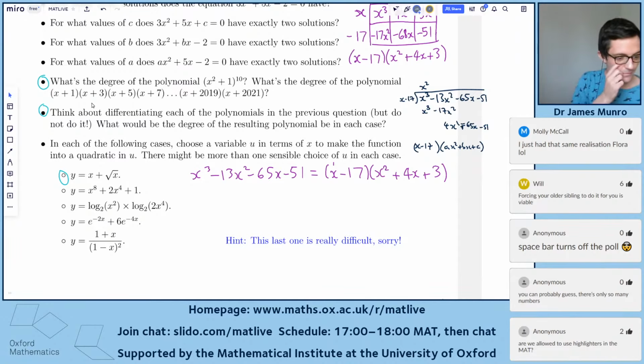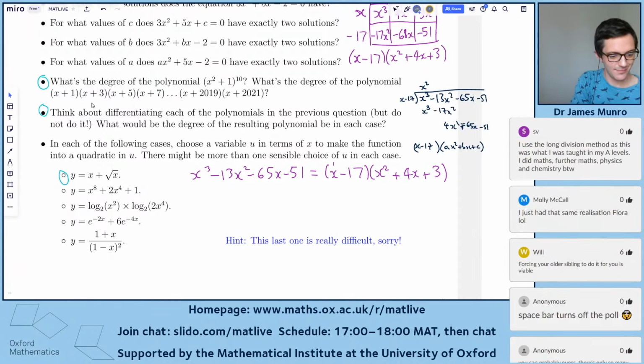So what's the degree of the polynomial (x squared plus 1) to the power of 10? You may be thinking, surely they don't expect me to expand that bracket, and if so, you'd be right. We do not expect you to expand that bracket. Here, you're going to think, well, if I multiplied, for example, (x squared plus 1) times (x squared plus 1), you know that the first term, and when I say the first term, I mean the term with the highest power, is going to be x to the 4.